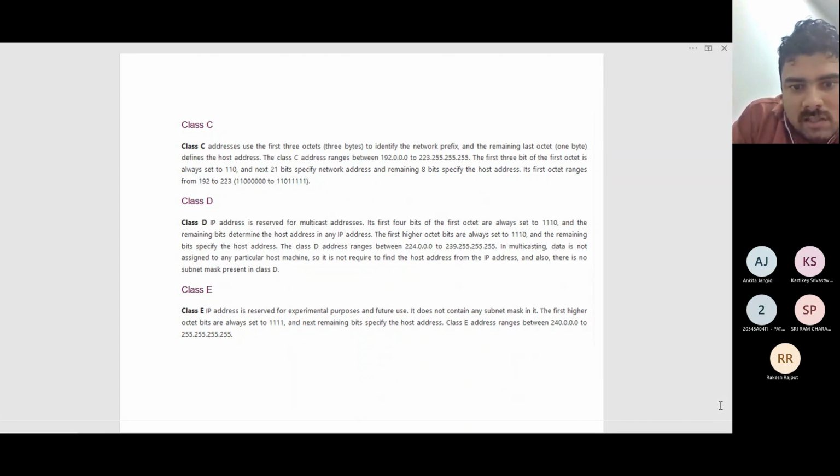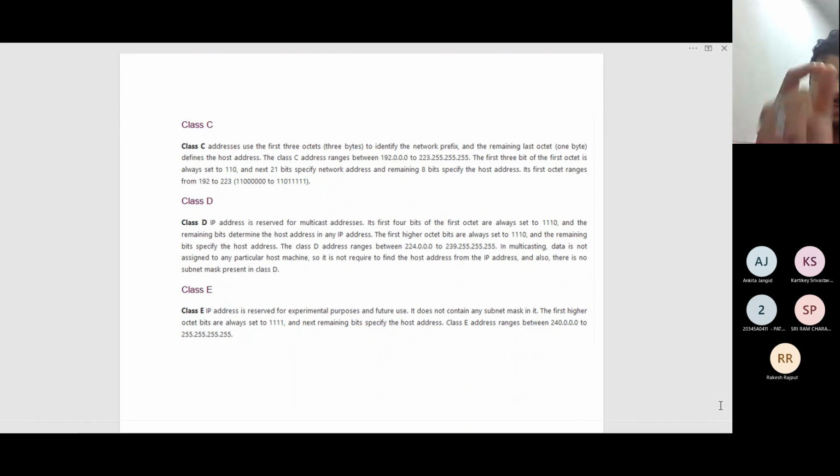The Class D address range is between 224.0.0.0 and 239.255.255.255. In multicasting, data is not assigned to any particular host machine, so it is not required to find the host address from the IP address. Also, there is no subnet mask present in Class D.